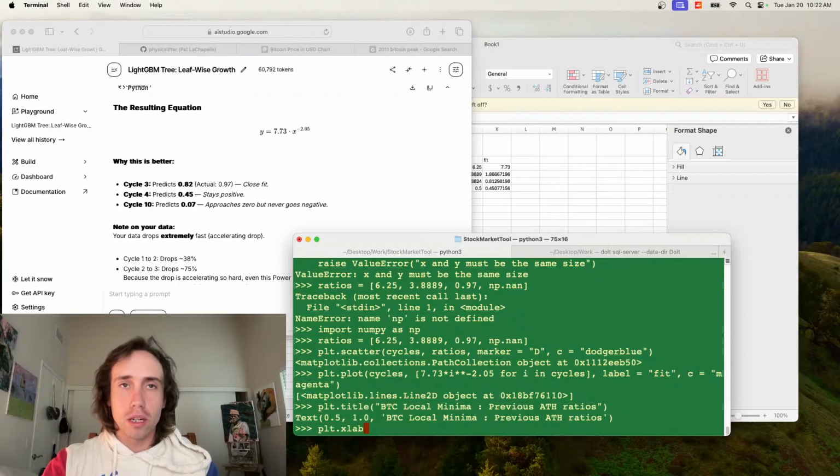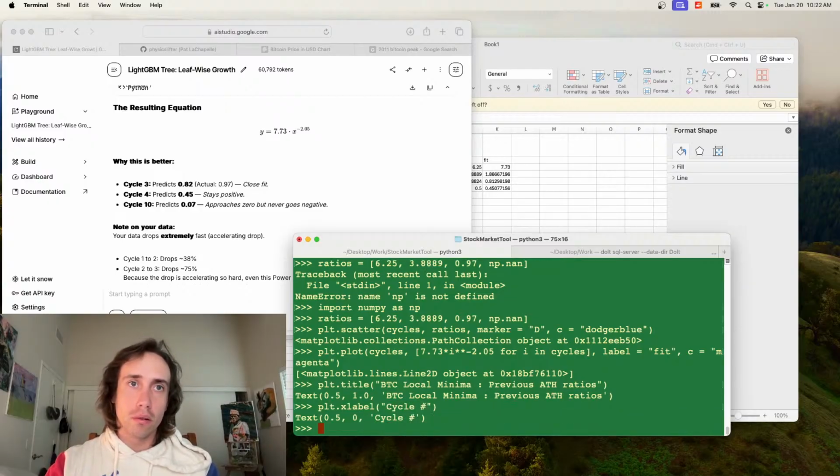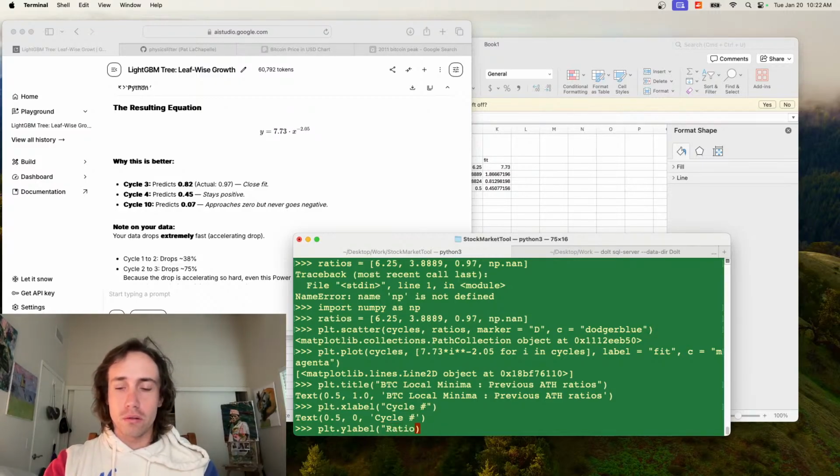Okay, then we're going to make the X label cycle number, and then we're going to make the Y label ratio.